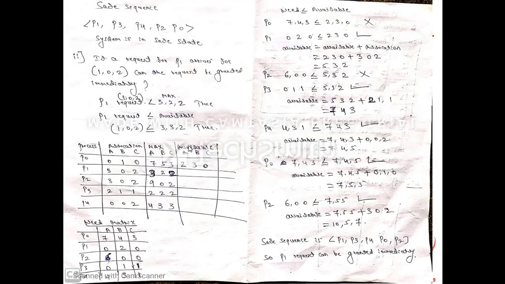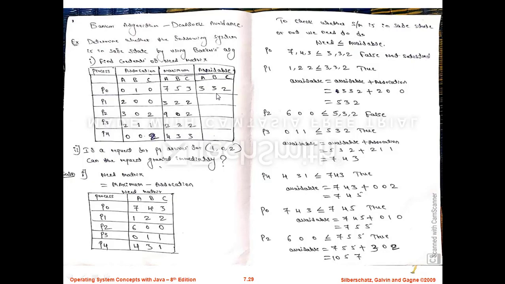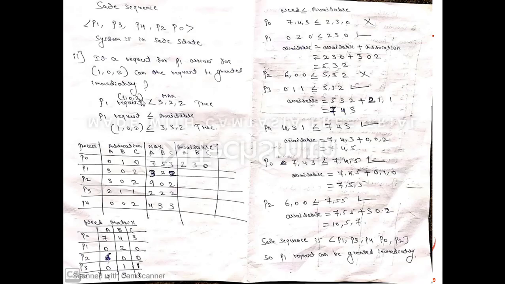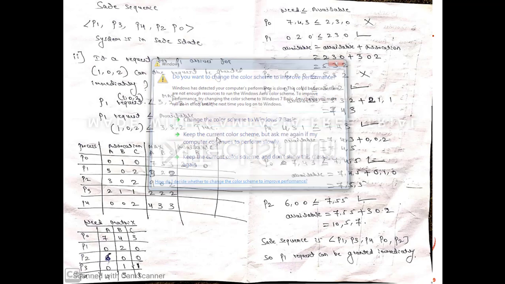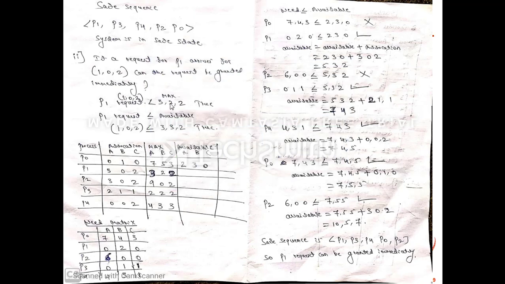Earlier our available was 332, but after allocating this 102, 332 minus 102 gives 230. So our available is 230. So 743, whether it is less than 230, no, not satisfied.